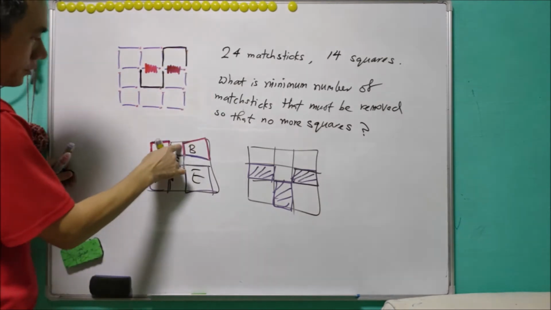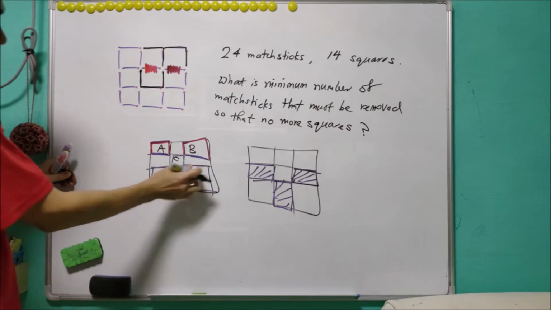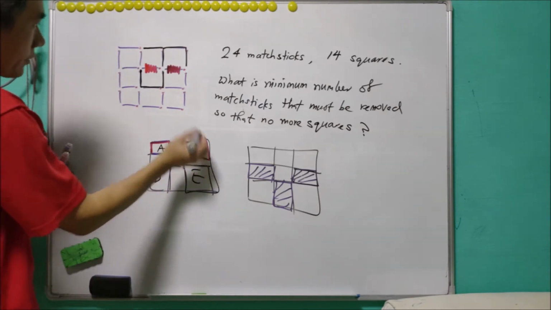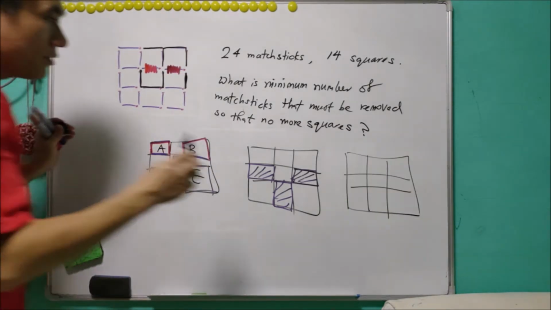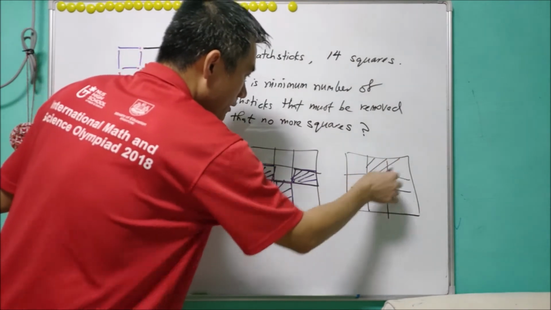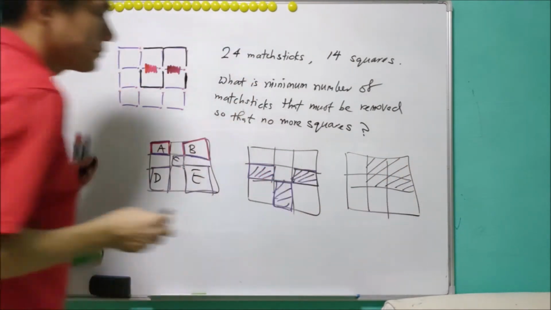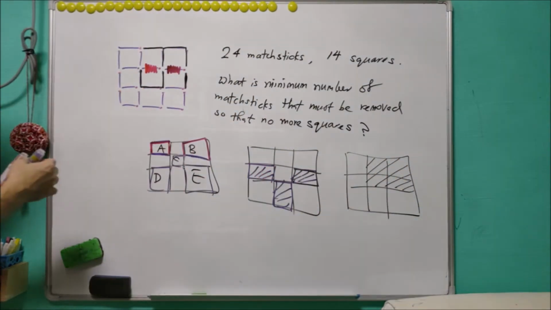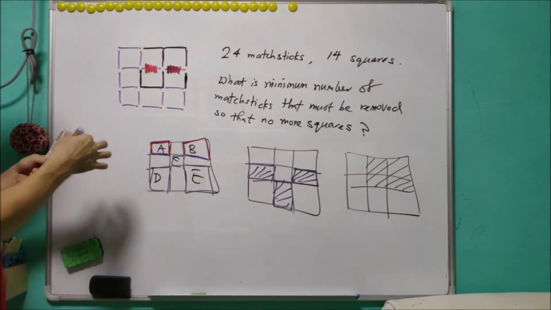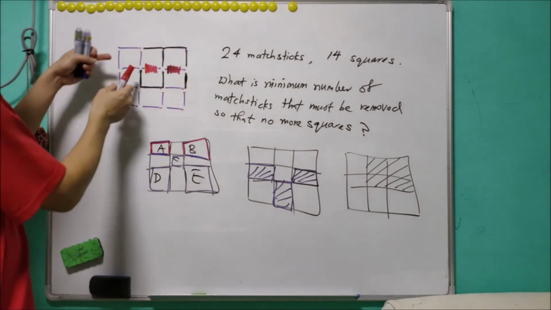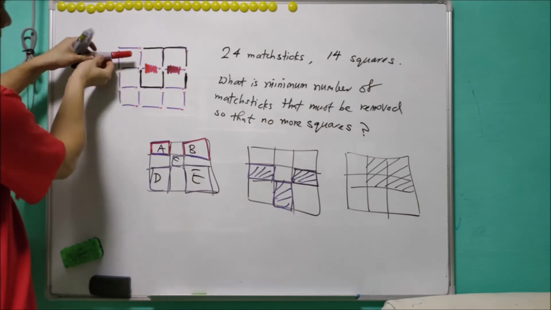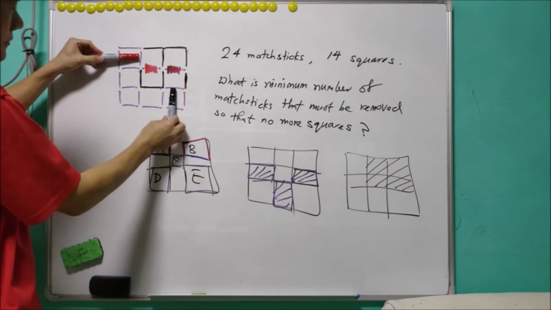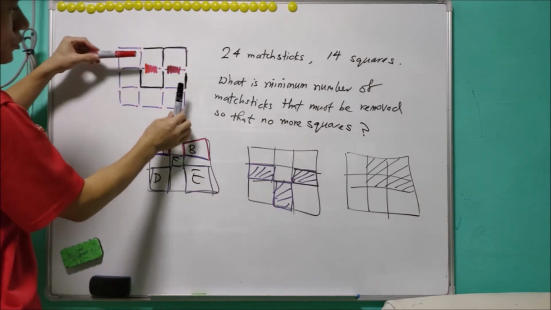And we do not remove anything from here, so we also do not remove anything from here. We can focus on this particular 2 by 2 square. This 2 by 2 square will only be destroyed if we take either this side or this side. So we will have 2 cases to consider.